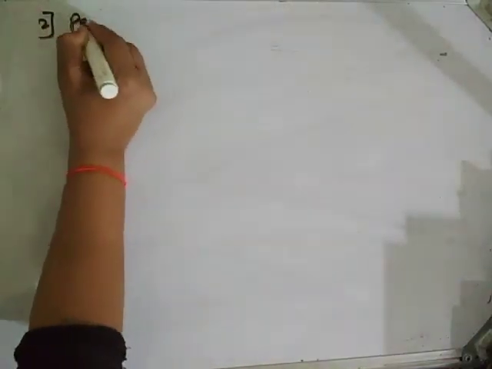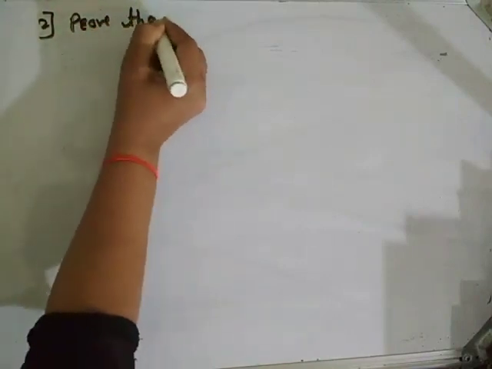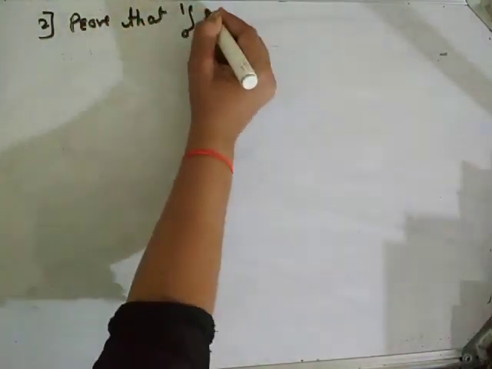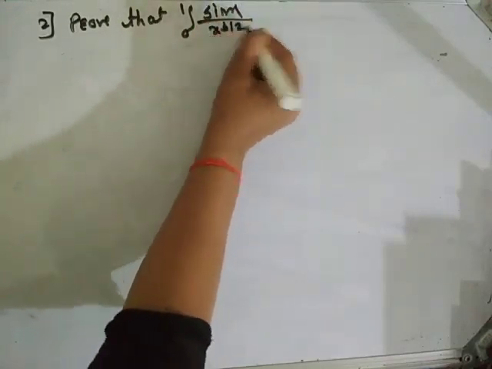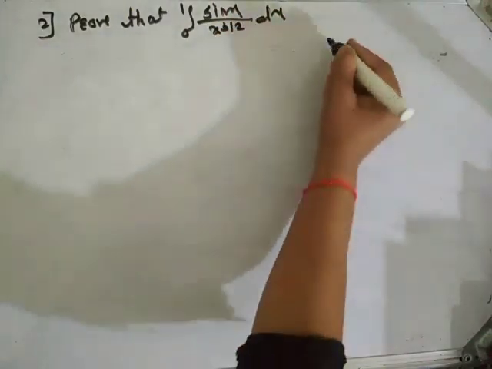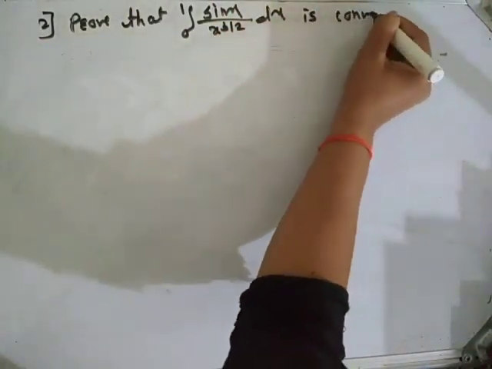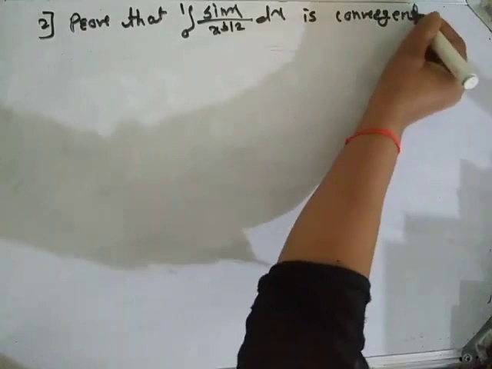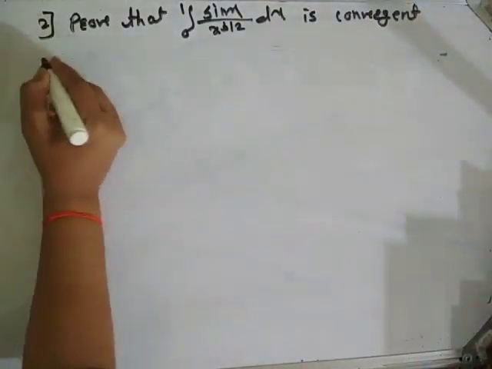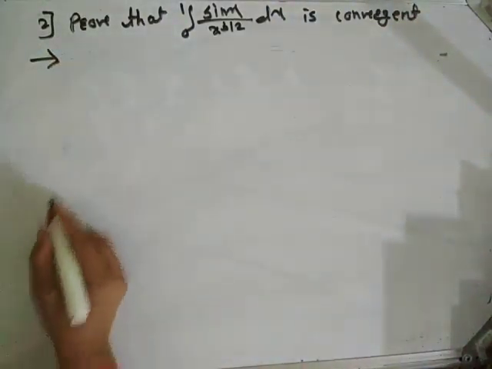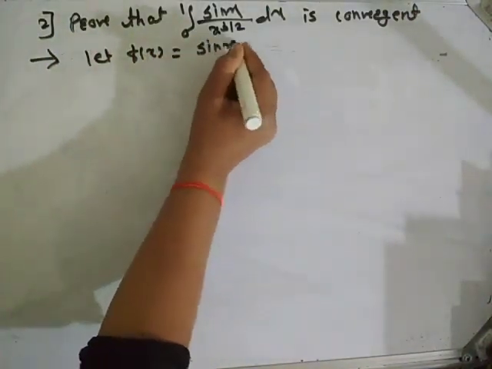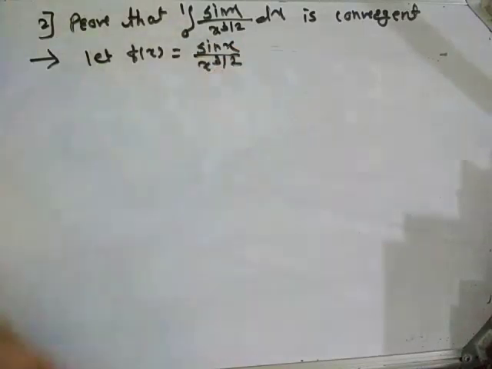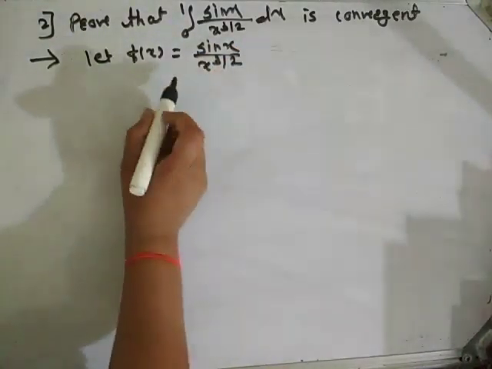Let us take one more example. Prove that integration from 0 to 1 sin x upon x raised to 3 by 2 dx is convergent. Solution. Let f of x is equals to sin x upon x raised to 3 by 2.